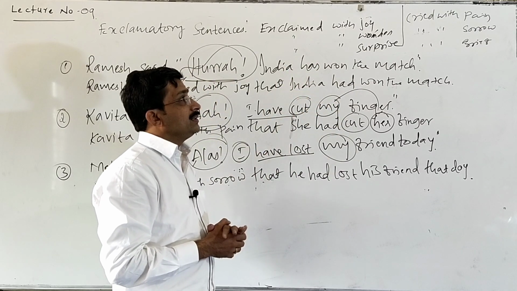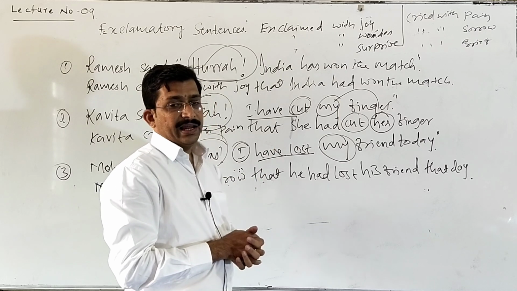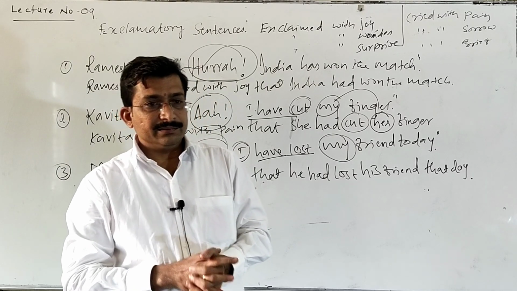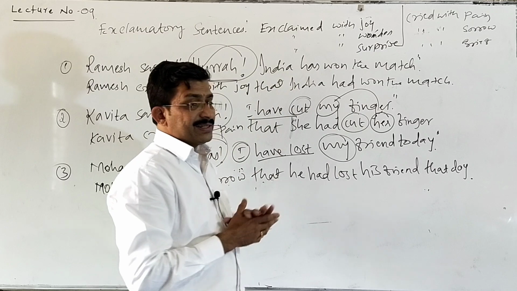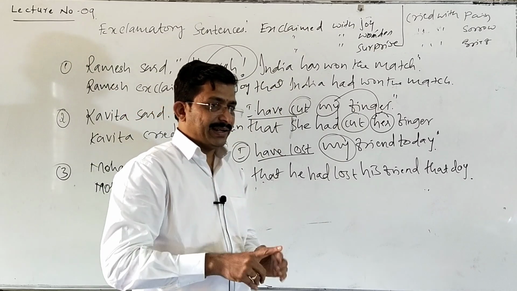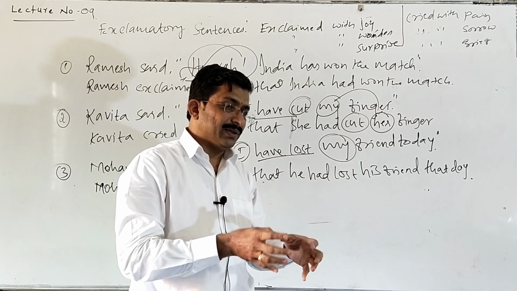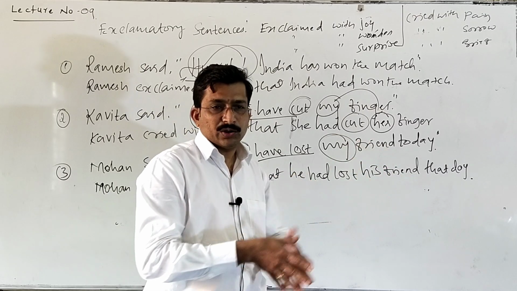If the statement covers pain, sorrow, grief, cried with pain, sorrow or grief. While changing from direct to indirect in exclamatory sentences, we must use that, as we didn't use it in the previous two, imperative and interrogative.